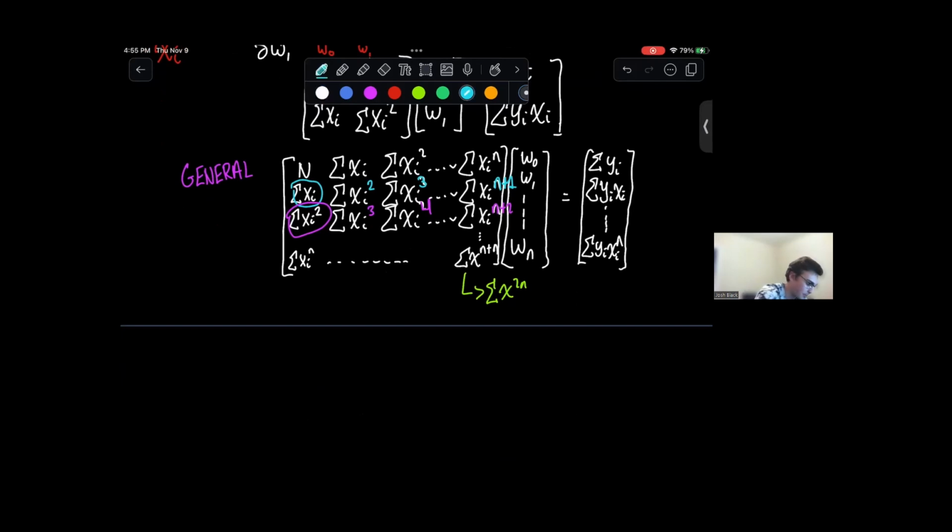Now it's important to remember, the higher order we do, the more prone our model is to overfitting. Now, overfitting is when the line that we're drawing goes through all of our points.